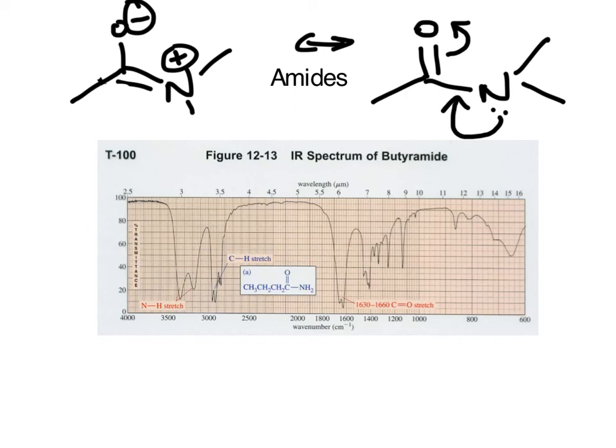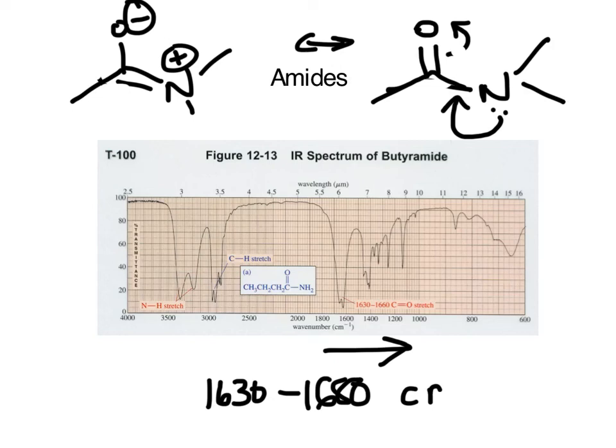And remember, when we make it a single bond, we decrease the amount of energy needed to vibrate it because it's less strongly held together. So it takes less energy, and therefore it shifts to lower frequencies. We're talking about 1630 to about 1680 for the peaks associated with an amide.